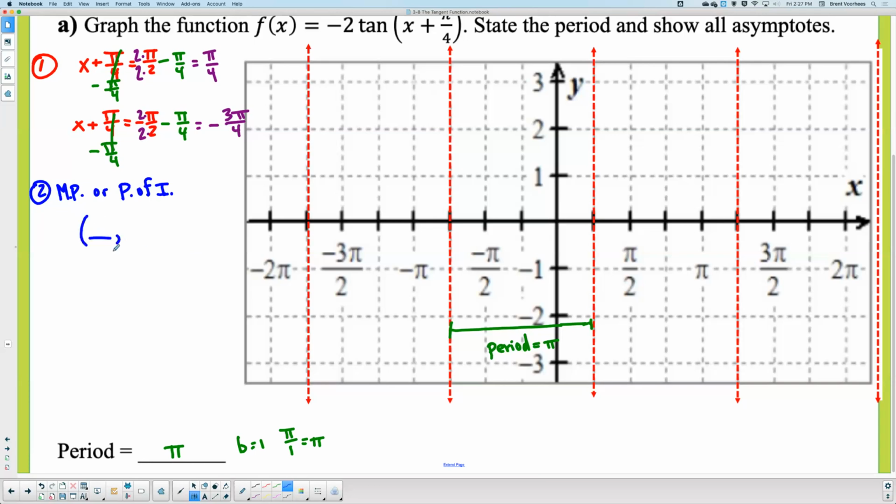That's my blank here. What's my D on this problem? 0. Again, D is 0. So my points of inflection are each going to occur 2 units away, 2 blocks away, I should say, from any asymptote on the x-axis. So we'd have one more just out there if we don't quite get it.